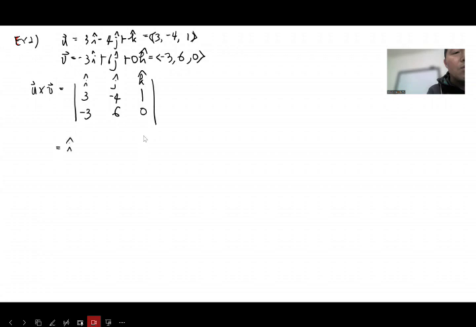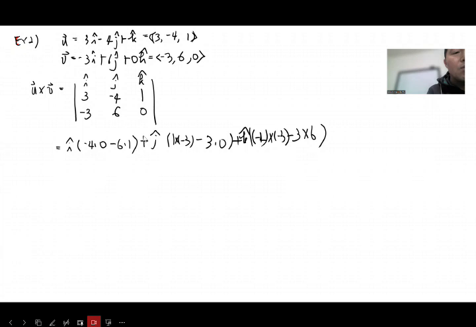So the x component in i is minus 4 times 0 minus 6 times 1, and plus the y component in j is 1 times minus 3 minus 3 times 0, plus k is 3 times 6 minus minus 4 times minus 3.